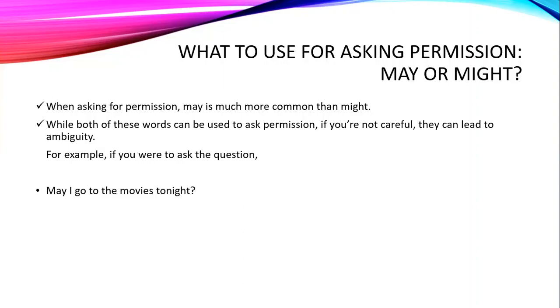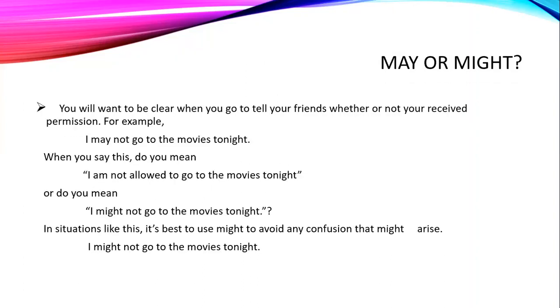For example, if you were to ask the question, may I go to the movies tonight? And you have received a response. Now you want to tell your friend whether you are going to the movies tonight with him or not. So you want to be very clear when you tell your friends whether or not you received permission for going to the movies that night.